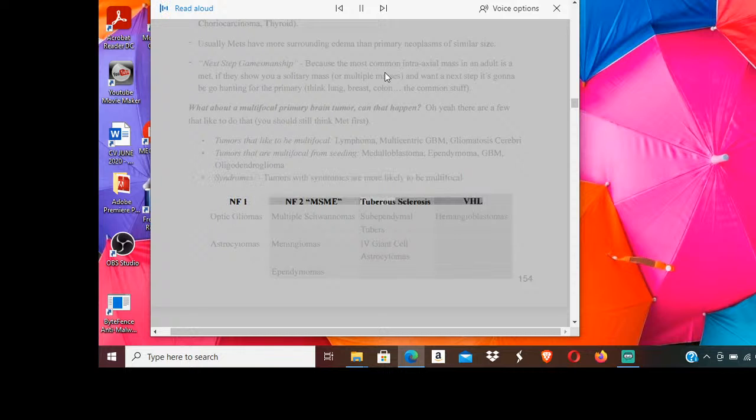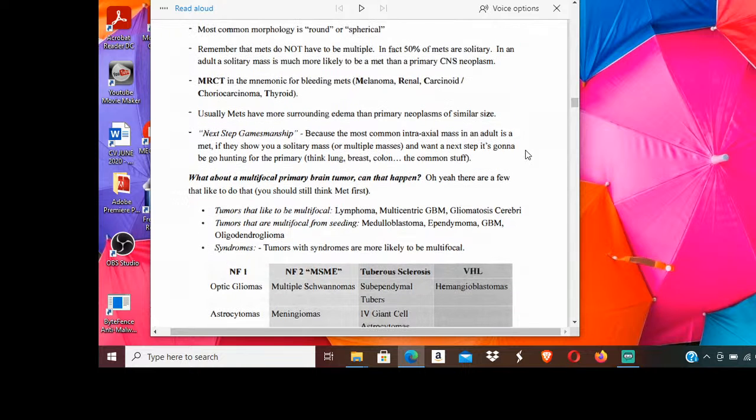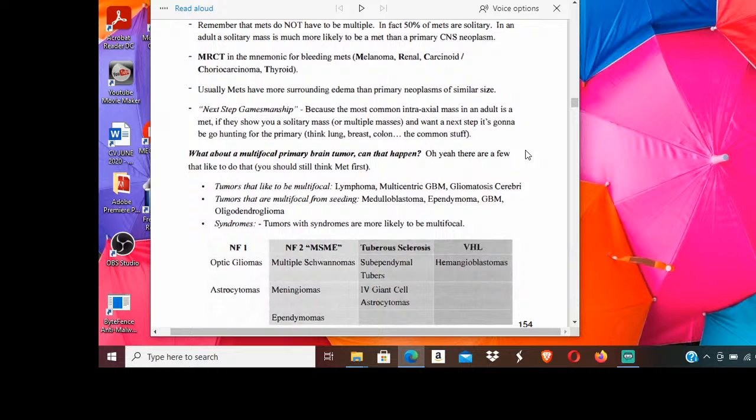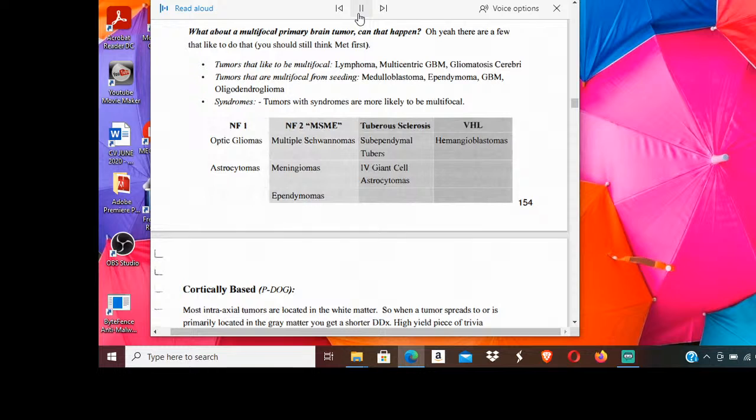NF1, NF2, MSME, tuberous sclerosis, VHL, optic gliomas, multiple schwannomas, subependymal hemangioblastomas, tubers.